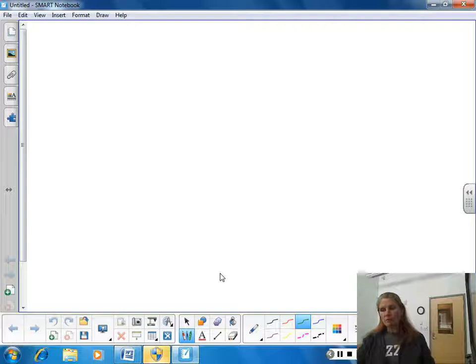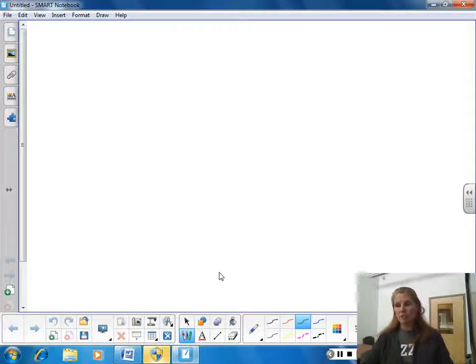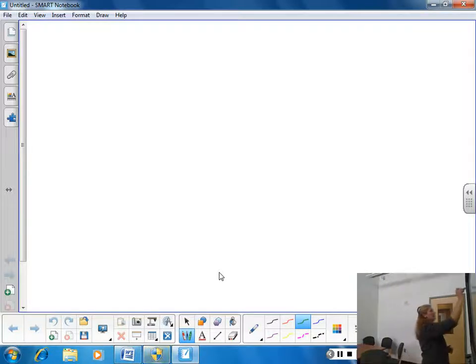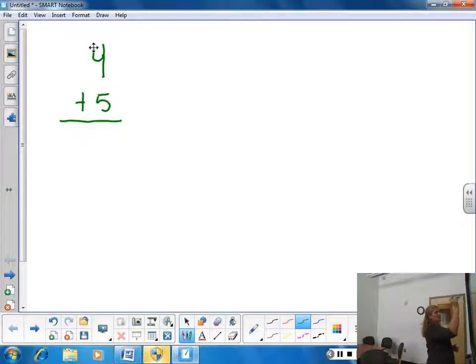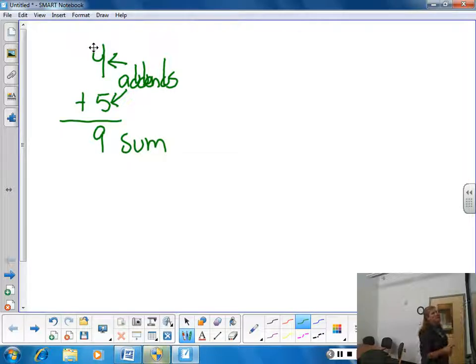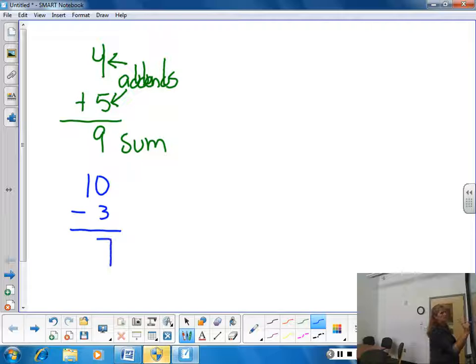I'm just going to refresh really quickly on the terminology that you need to answer the first 5 questions on the Division 2 practice worksheet. If you're adding, then these things are called add-ins. And the answer is called a sum. If you're subtracting, then the top number is the minuend.